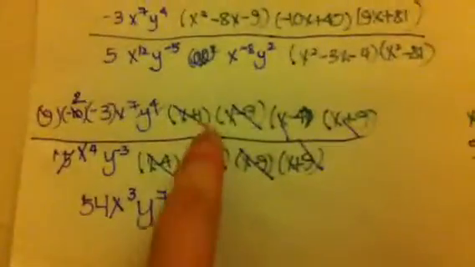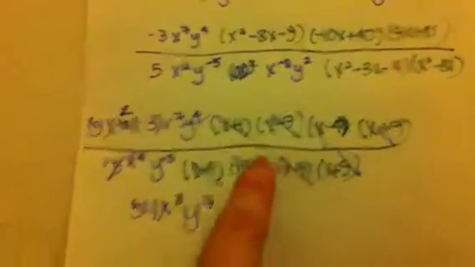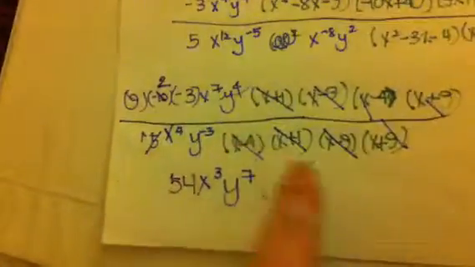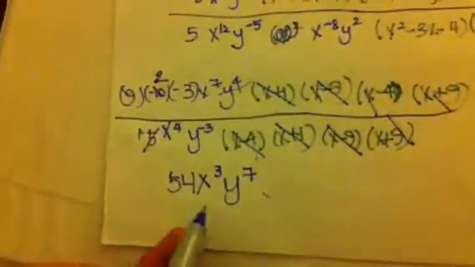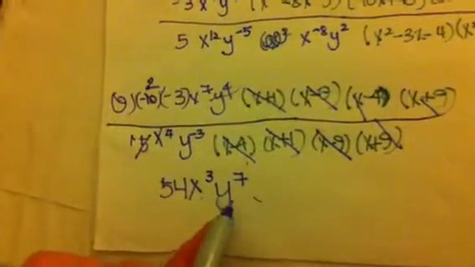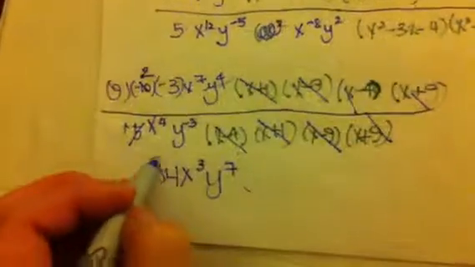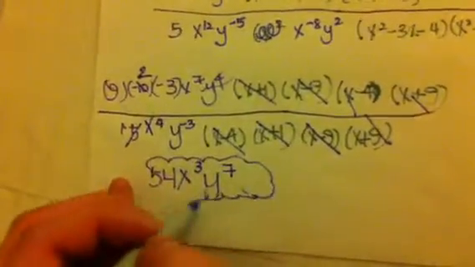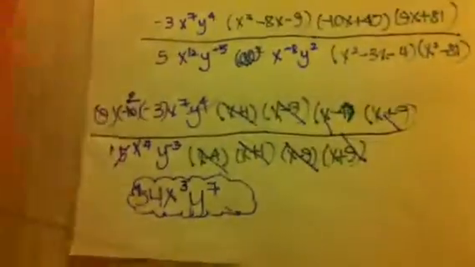Now, is there anything else we need to simplify here? Nope. Then we look at our answer, and we notice that we have it written number, then x and y, because x comes before y. And there's nothing else that we need to do to simplify. So that is our answer.